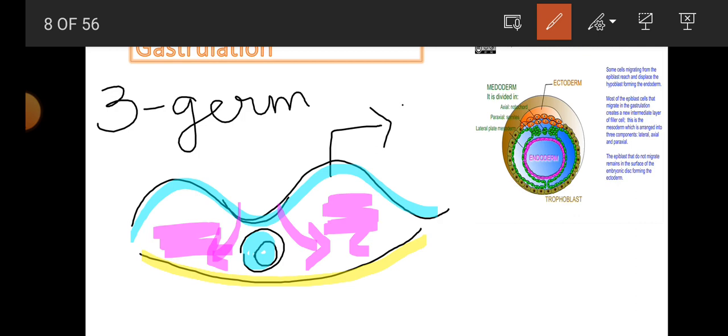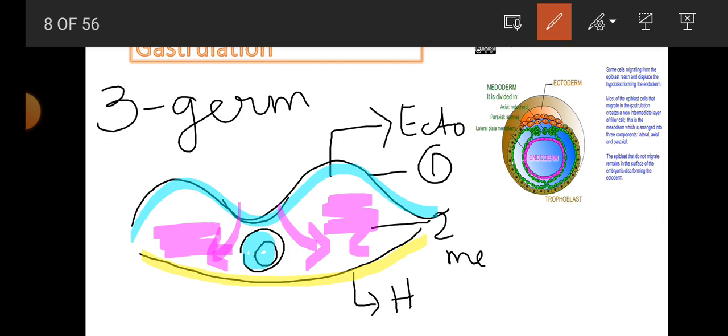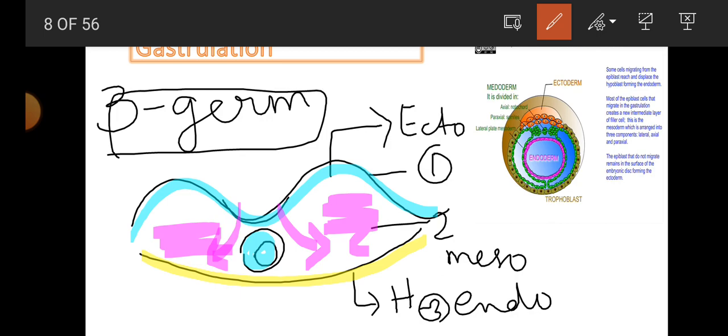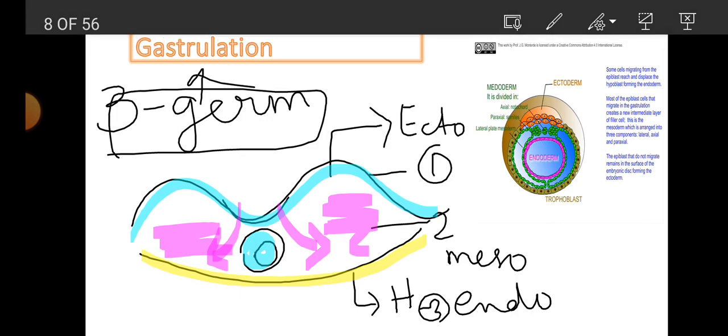Initially it was the embryoblast and the hypoblast. Now it gives rise to one called the ectoderm, two called the mesoderm, and three called the endoderm. Formation of these three germ layers is called gastrulation.